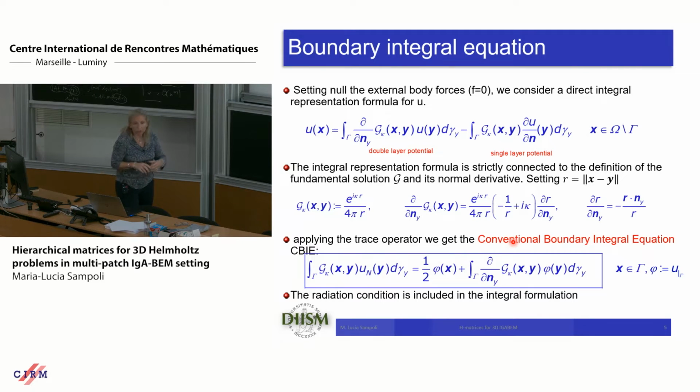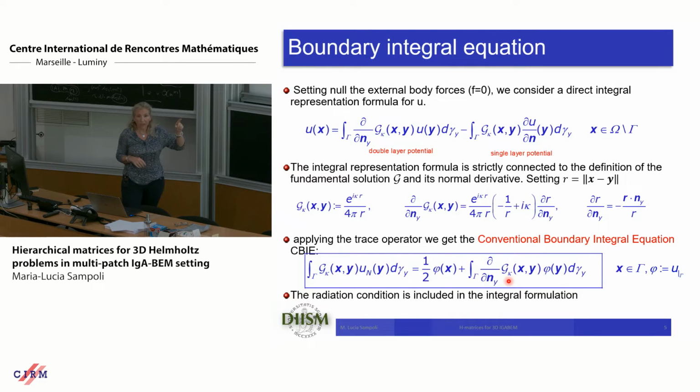Now, considering the trace operation and plugging in the Neumann datum, we will end up with the so-called boundary integral equation. It is an integral equation defined only on the boundary of the computational domain, and this is the core of our research. Our method is to solve this equation numerically.